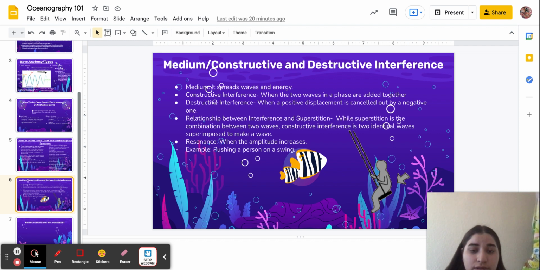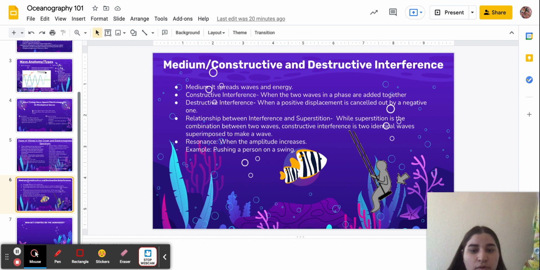The relationship between interference and superposition. So superposition is like a combination of 2 waves, while constructive interference is like 2 identical waves that are spread to make a new wave. So that's kind of like constructive interference. It's like they're two of the same ones, but just added together to make a whole new one.